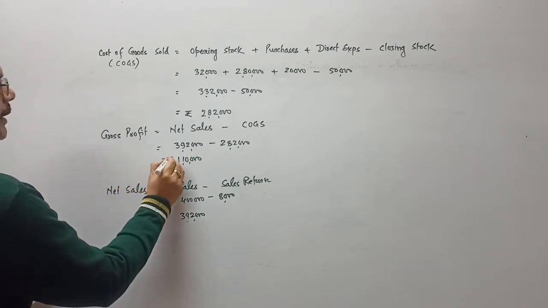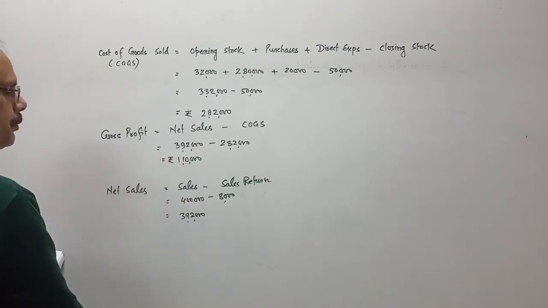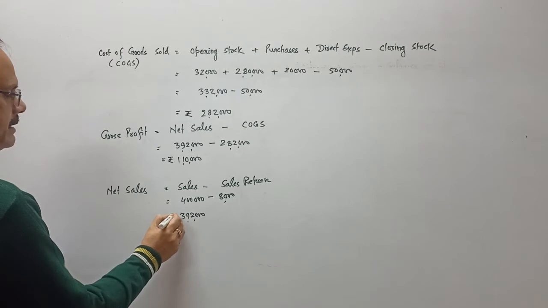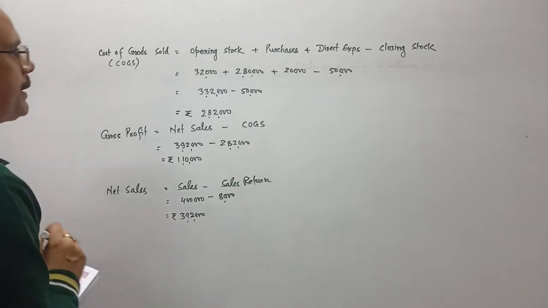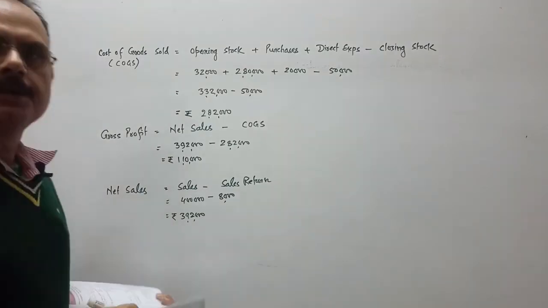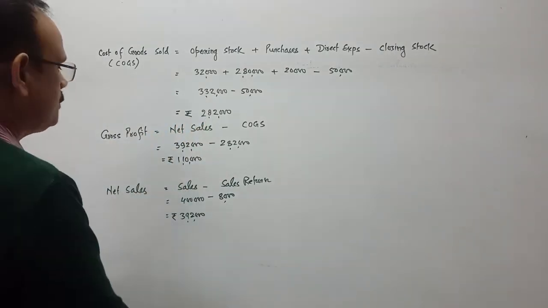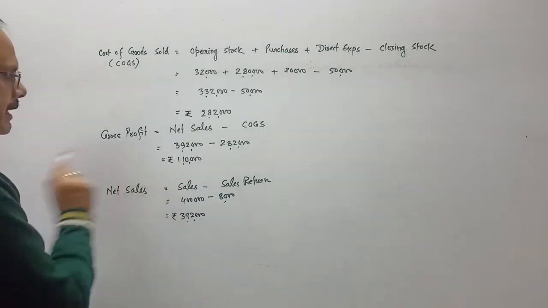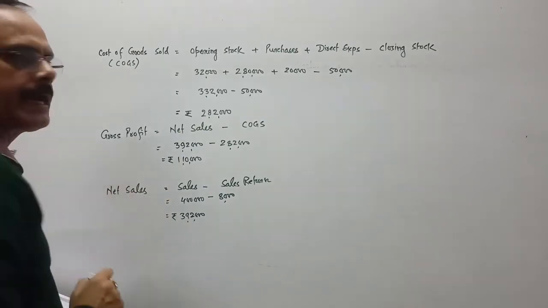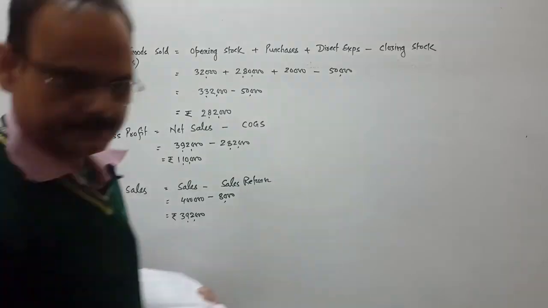All the figures here are in rupees. So cost of goods sold is 2,82,000, gross profit is 1,10,000, and net sales is 3,92,000. Now see the next question.